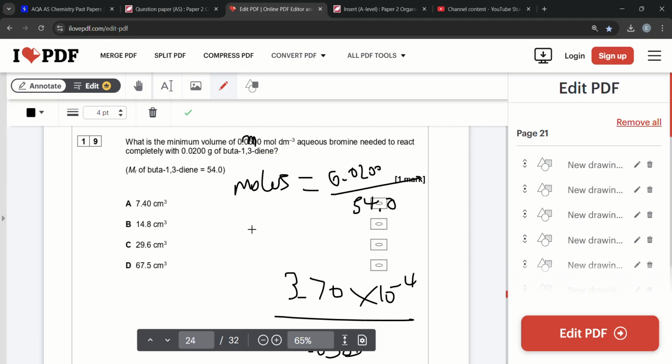Moles is mass over Mr. And then moles is concentration times volume. Volume is the moles divided by the concentration.